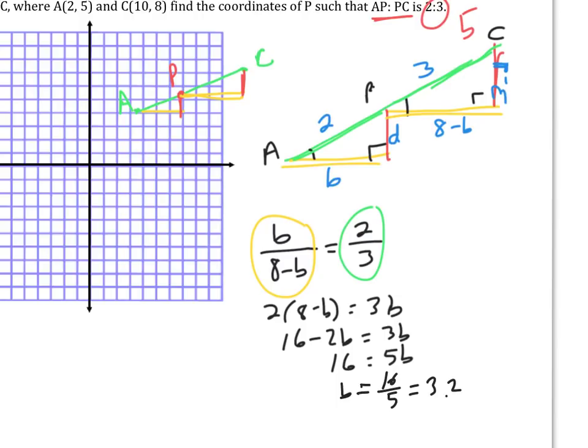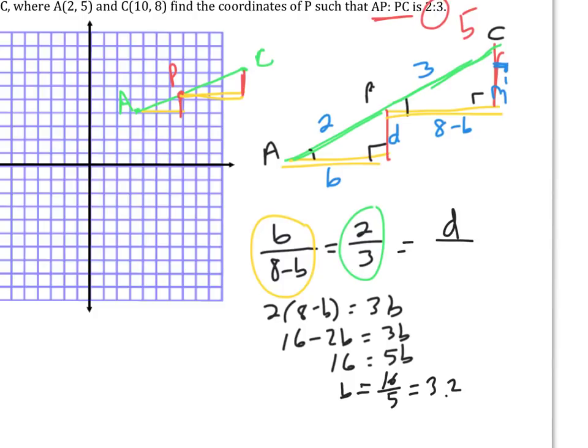Okay, so let's go ahead and look for D, and then we're going to come back to interpret our answer and figure out what we just did. So now I'm going to make a ratio of my length of D, which is my small triangle here at the bottom, and then 3 minus D, and then put that with the hypotenuses, or I could put that with these legs. If you like to make that extended proportion, you could have just done an equal sign right here.